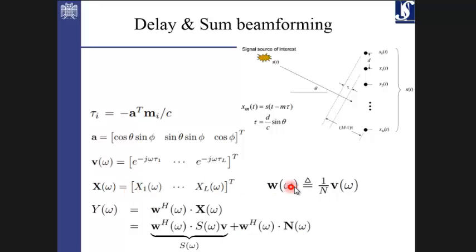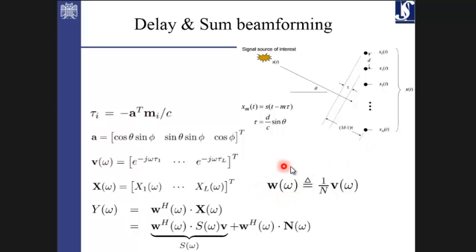And the goal of the beamformer is to apply weights to these microphone signals, and we're talking about the weight for every frequency. W is a vector containing W1 corresponding to X1 here, W2 for X2, and WL for XL.